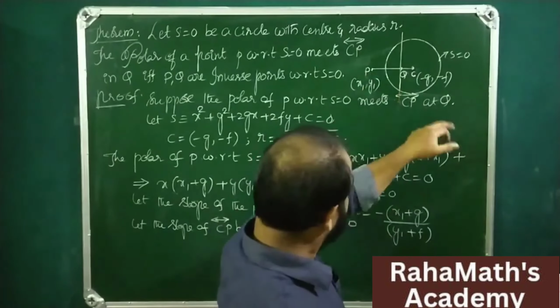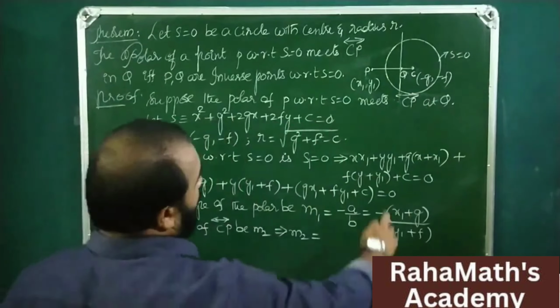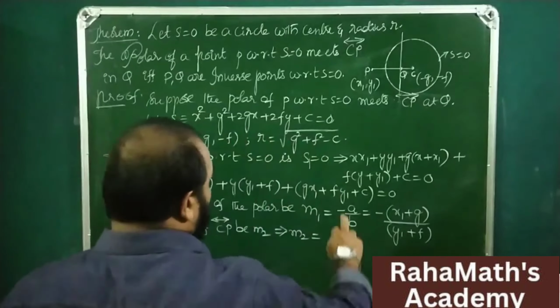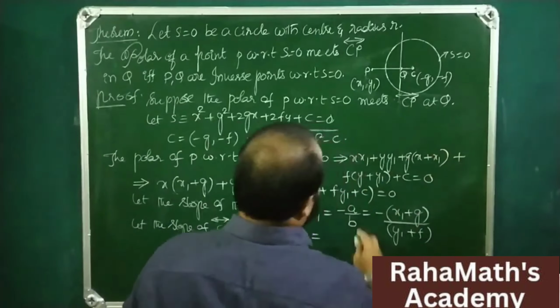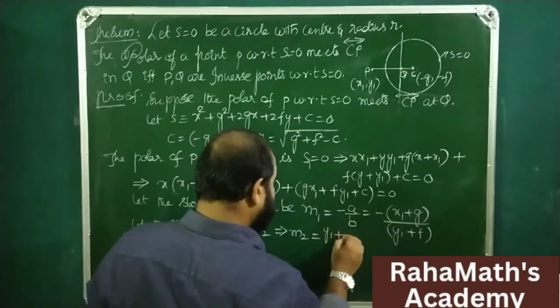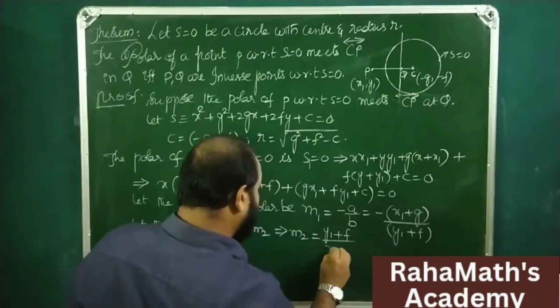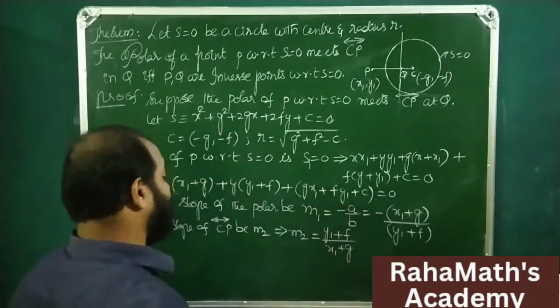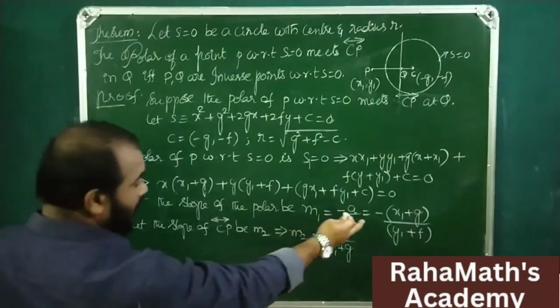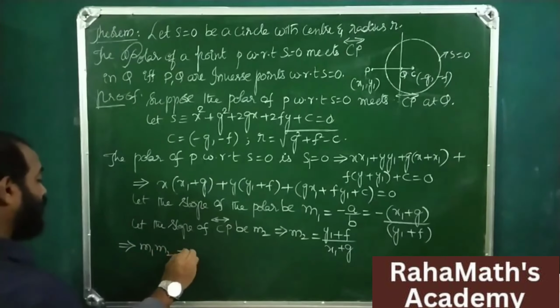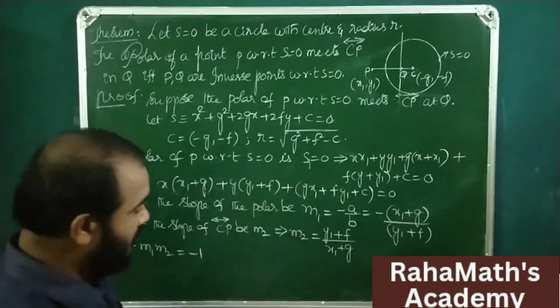When two points are there, what is the slope? y2 minus y1 by x2 minus x1, difference of ordinates by difference of abscissa. So m2 is (y1 plus f) by (x1 plus g). If we notice here, m1 m2 equals to minus 1.